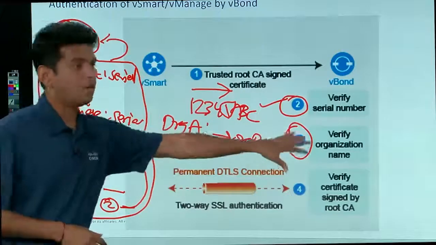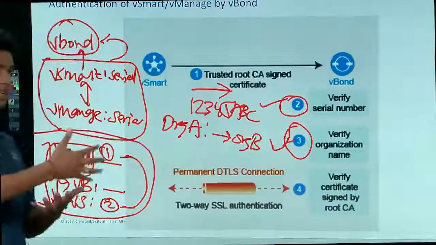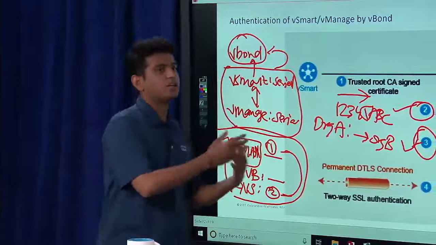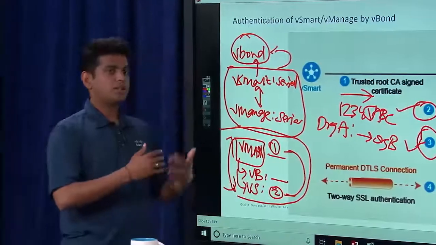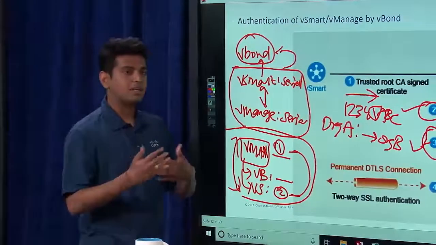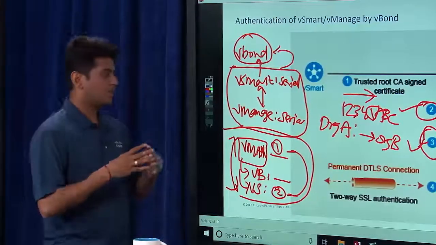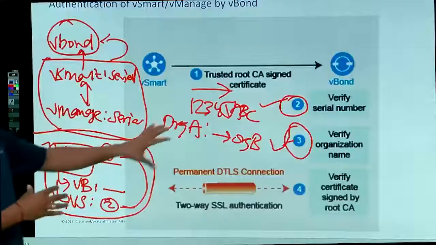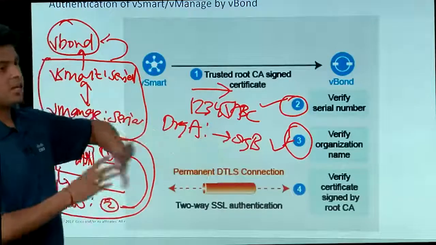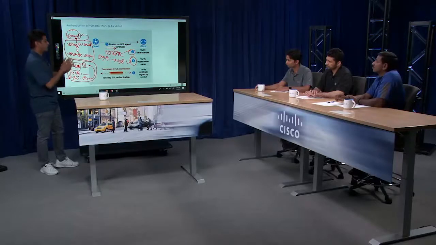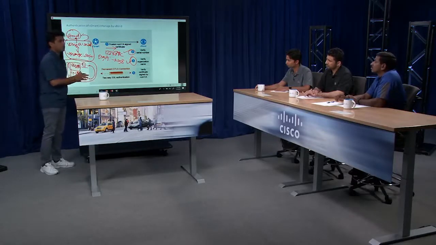So the org name by itself would be another level of authentication. It's not a redundant step, but as it is a security layer, the more authentic you try to be, the more it helps. And also the organization name comes in handy when there's a multi-tenant story in the picture. That's also when the organization name is important as such.